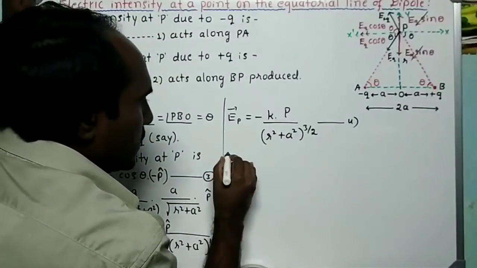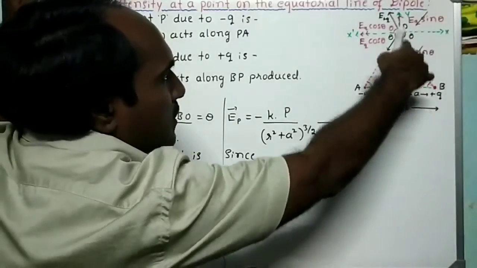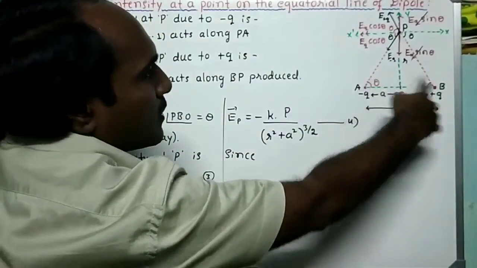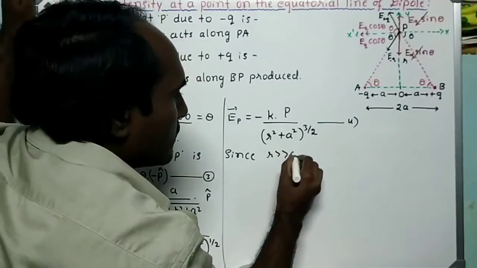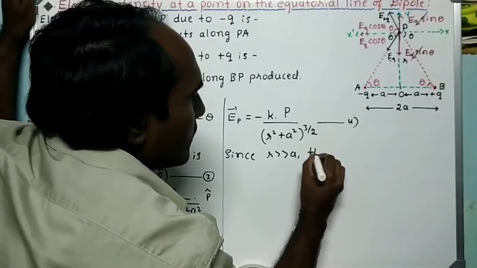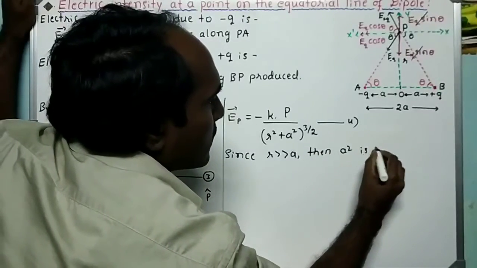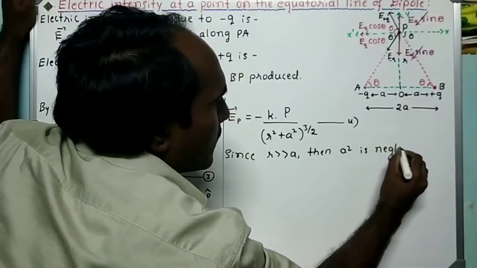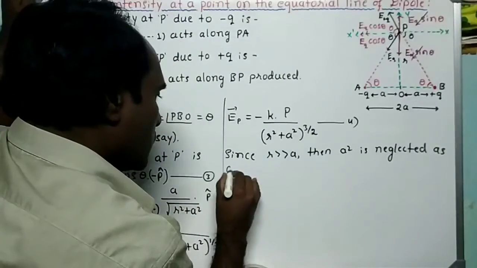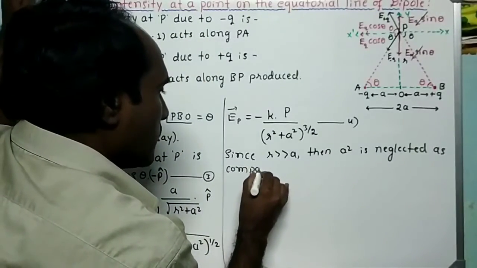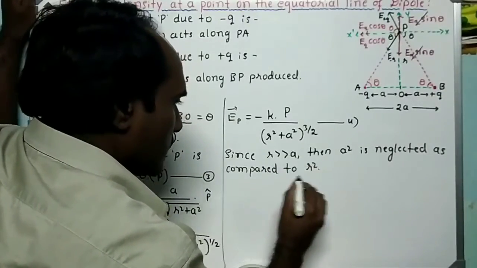Now here, since R, the distance of observation point P from the midpoint O of the dipole, is greater than A, A square is neglected as compared to R square.